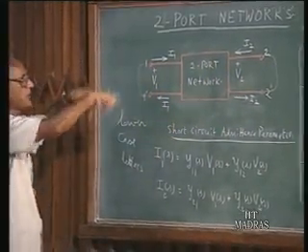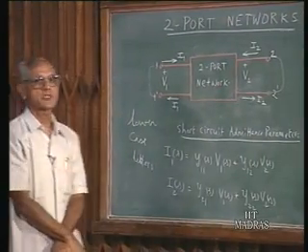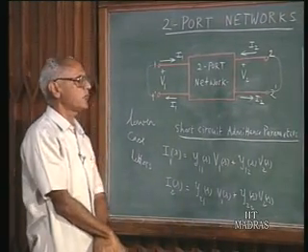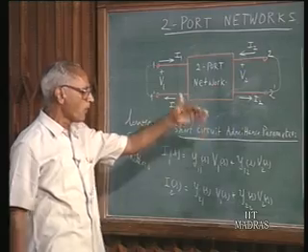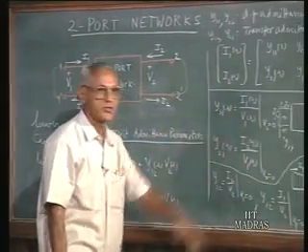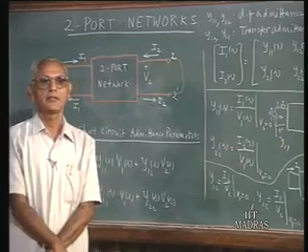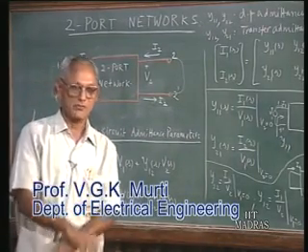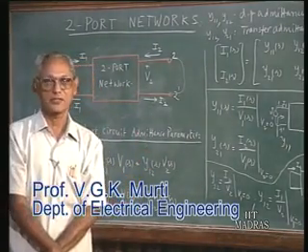So, the natural form of the network is with both ports short circuited, and therefore, the poles of all these network functions y11, y12, y21 and y22 turn out to be the natural frequencies of the two port network when both the ports are short circuited.